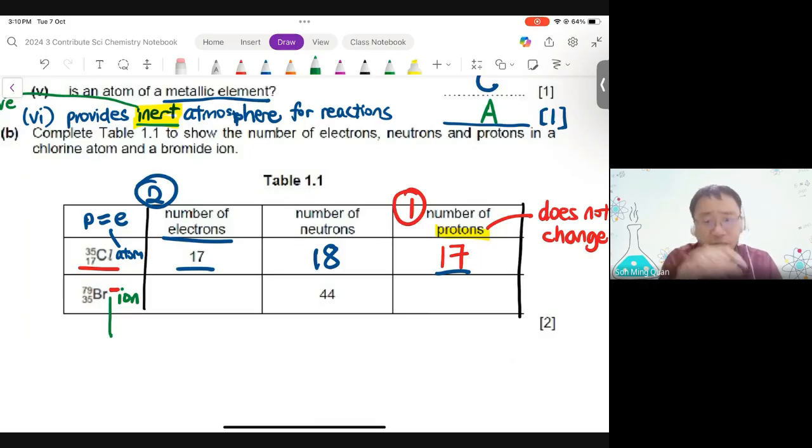When you see the ion's charge, the first thing to do, take the charge. Look at it. It is 1 minus. 1 minus means it has gained an electron. How many? 1. This is the first hurdle you must cross.